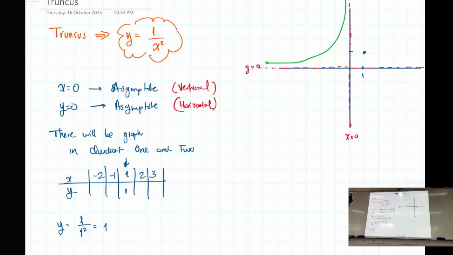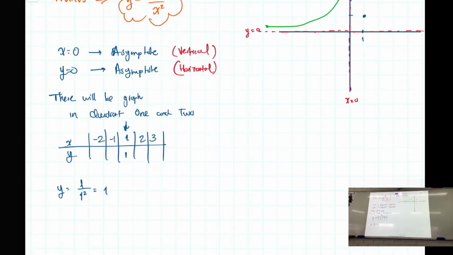What happens when x is 2? It will be 1/4, right? So when x equals 2, y is 1/4, kind of like getting lower and lower.